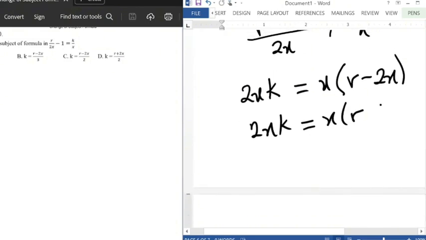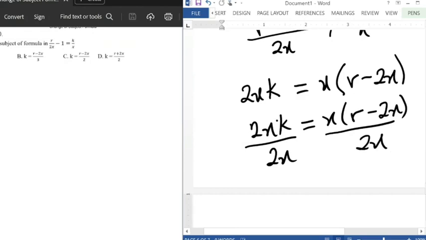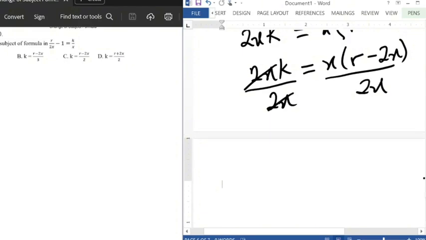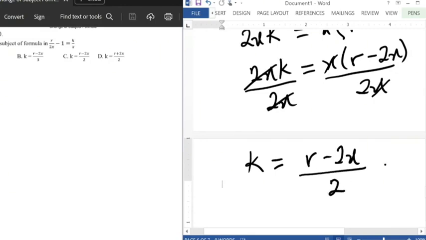So we divide both sides by 2x. This will cancel this, so that makes our k stand alone here. So k will then be equals to x, we cancel x, then r minus 2x all over 2. There's nothing we can do again, and the option there is option C.